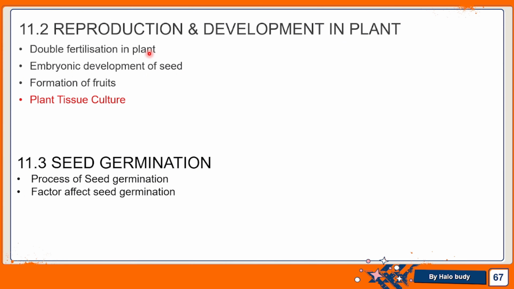The answer is you learn it in STPM. These two processes happen after double fertilization: how the ovule forms the seed, and how the ovary forms the fruit.